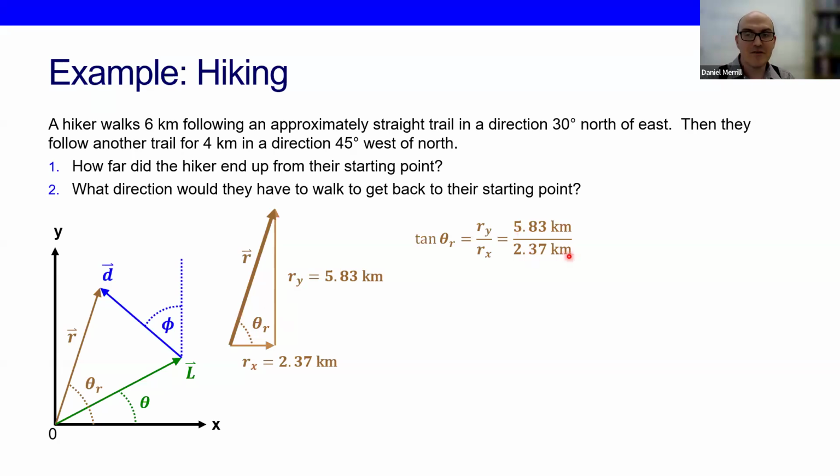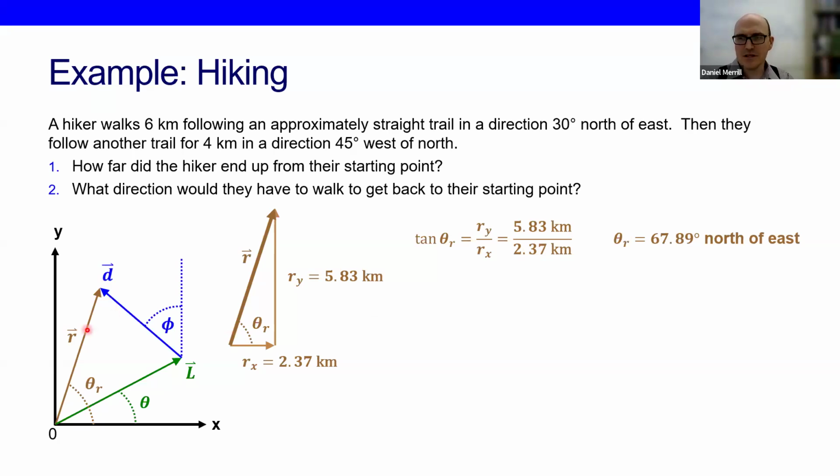If I take the inverse tangent of this ratio, I can get my angle, which ends up being 67.89 degrees north of east. So if I go east and then come north 67.89 degrees, that's the direction of my overall displacement. To get back home, though, I'd have to walk exactly the opposite direction of my displacement.